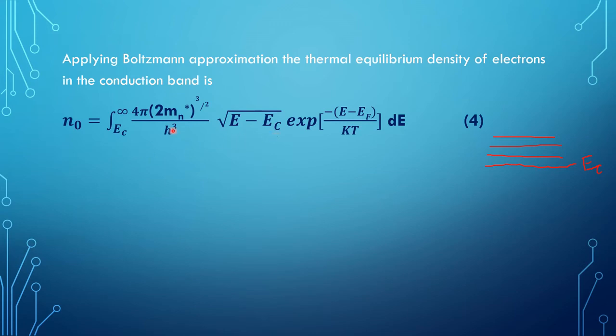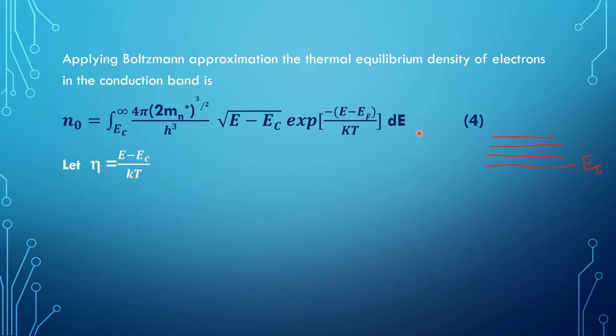The value is 4 pi (2 mn star divided by h cube) to the power 3 by 2, times root over E minus EC, and this is the reduced form of the Fermi probability function. So here we write exponential minus (E minus EF) divided by KT dE. This is equation number 4.